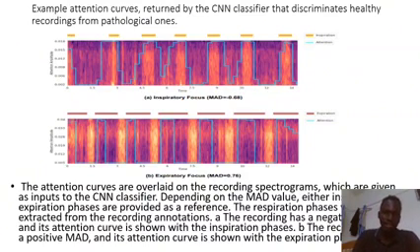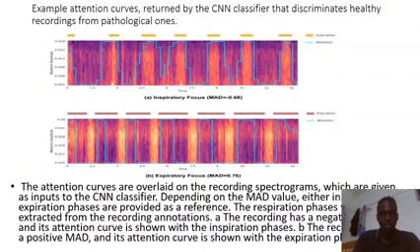Depending on the MAD, the mean attention difference, either the inspiration or the expiration phases are provided as a reference, and the respiration phases are extracted from the recording annotations.